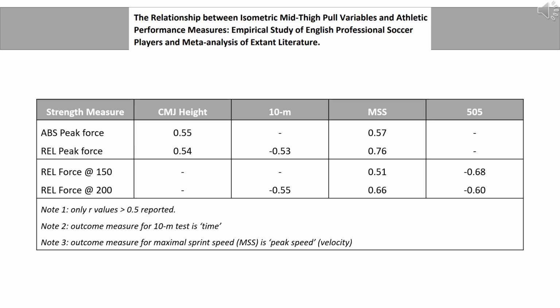And what that tells us when we look at the correlations between these mid-thigh pull variables and 10-meter or 5-0-5 times is that greater strength or greater relative strength is associated with faster 10-meter times and faster 5-0-5 times. And that is because for the strength test, the most desirable outcome is the larger value. But for the 10-meter and the 5-0-5 test, the desirable outcome is the smaller number because the outcome metric is time, not velocity.